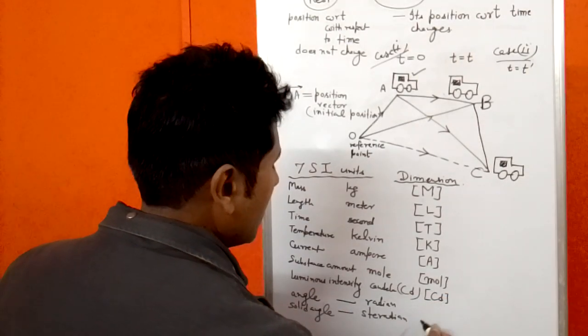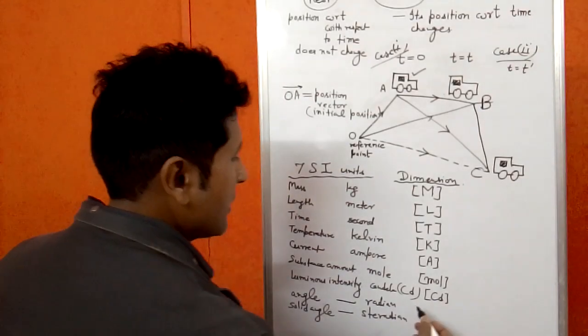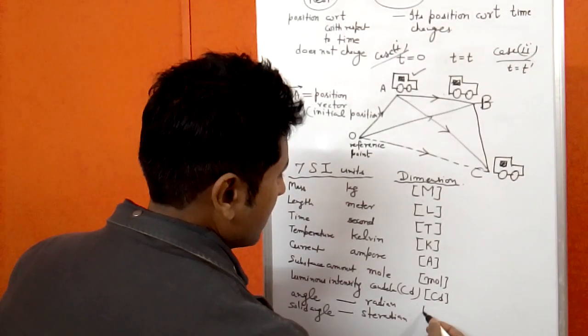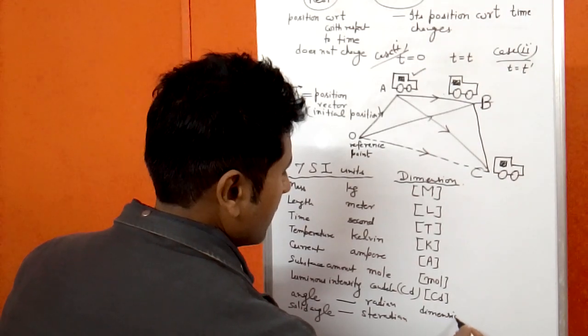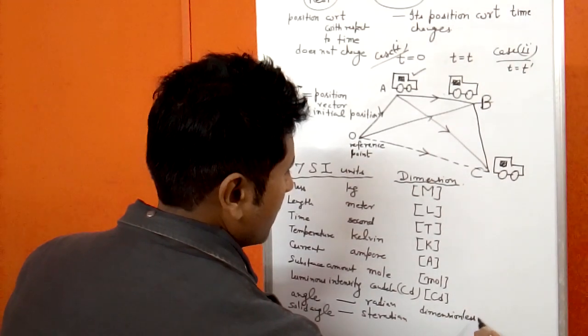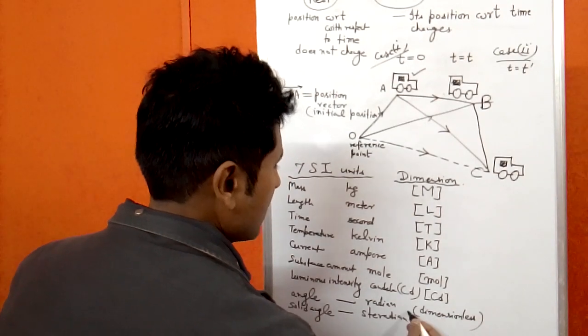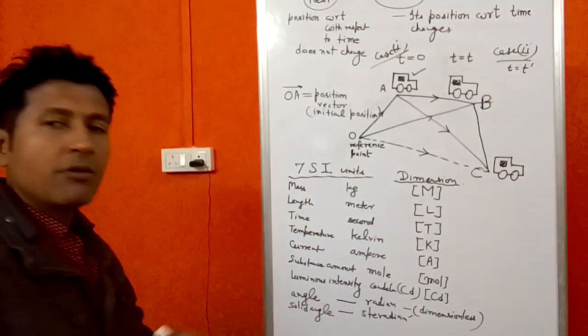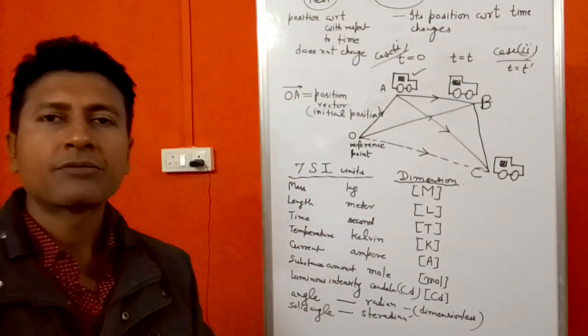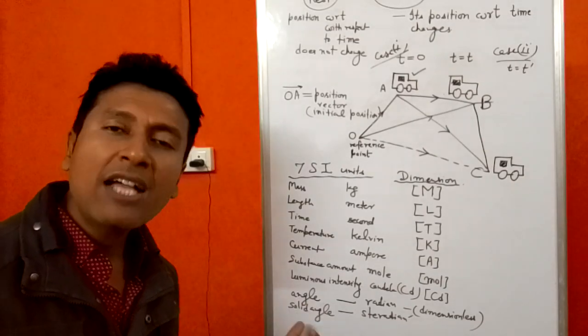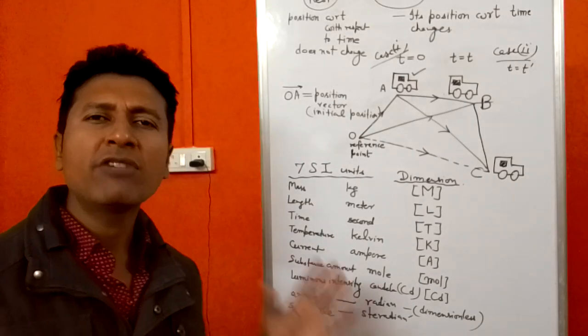And solid angle and angle, they are dimensionless, both. Angle and solid angle, they don't have any dimensions.